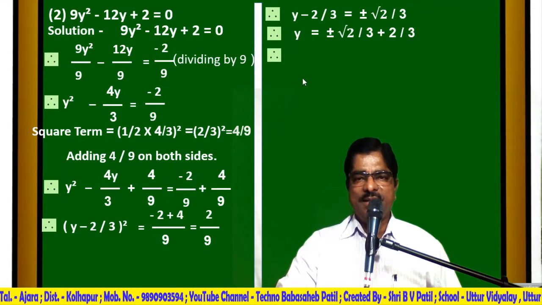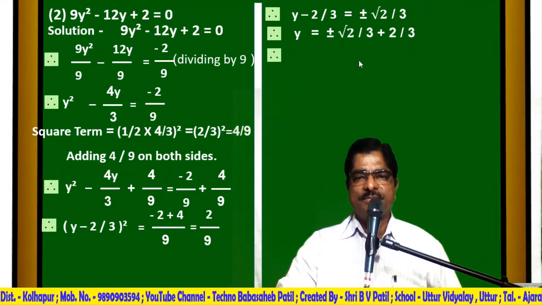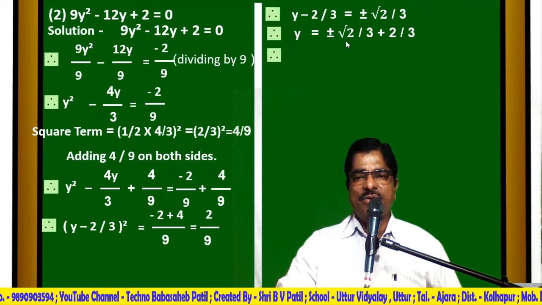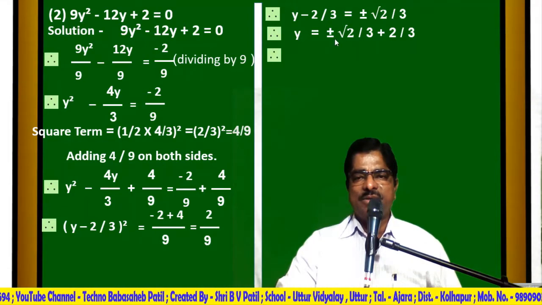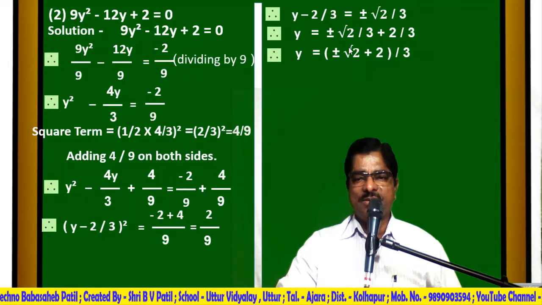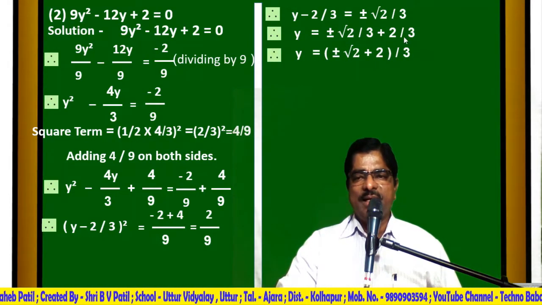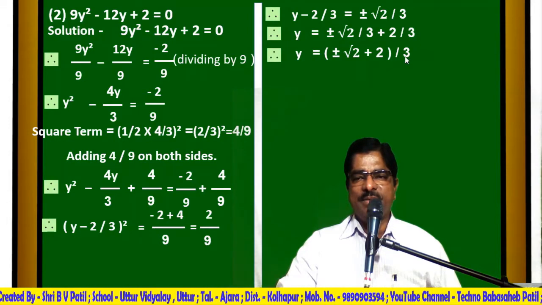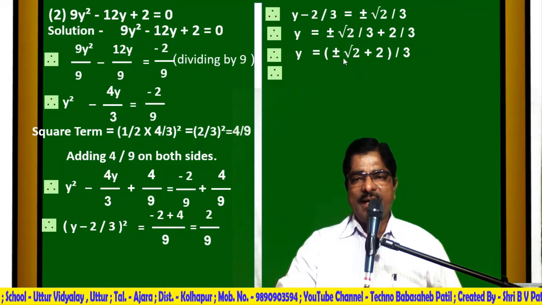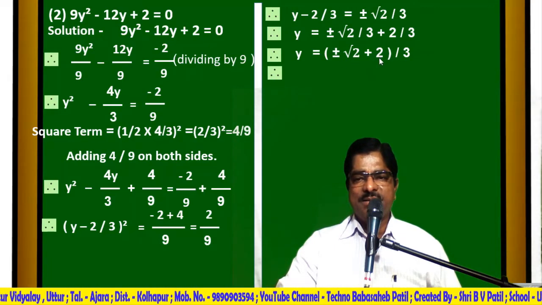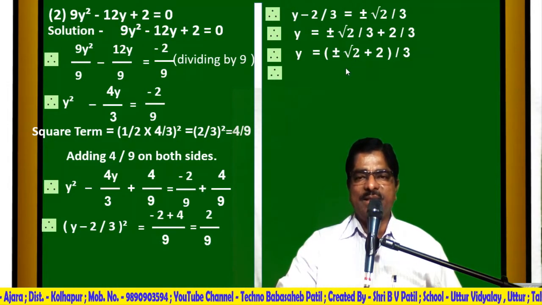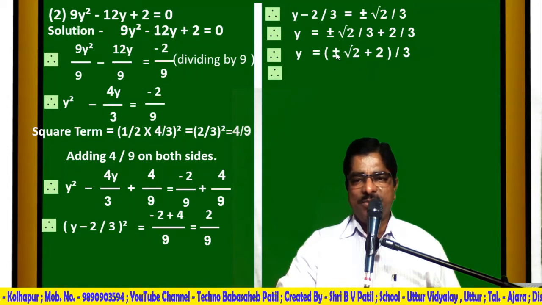Therefore, the next step: the denominator 3 is the same, in the numerator plus or minus root 2 and plus 2. y is equal to plus or minus root 2 plus 2, divided by the same denominator. We cannot add or subtract here because 2 is a rational number and root 2 is an irrational number. Therefore, we get two possibilities.